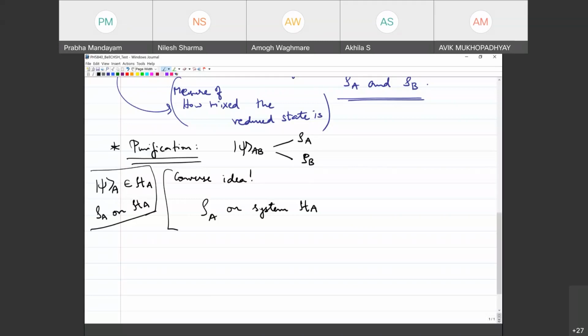Okay. Right. So consider some state in some quantum system HA, and let's say in general this is a mixed state. This is a density operator.